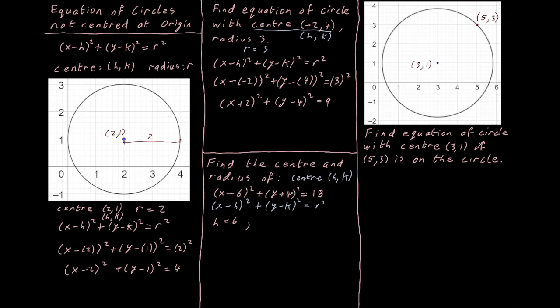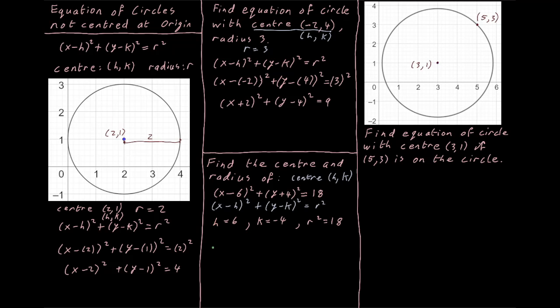So there must be minus minus 4 for how the formula would work. So k must be equal to minus 4, because minus by minus 4 would give me plus 4 here. And then I know the radius squared is going to be 18.